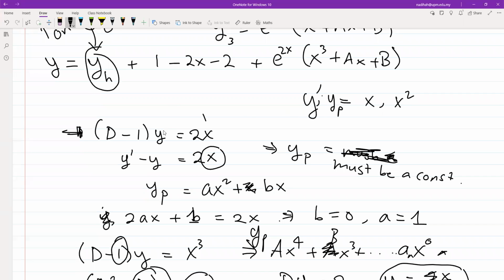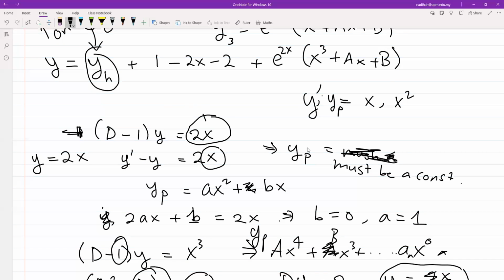Okey. So tengok kat sini. YP sama dengan, sebab awak tengok the right hand side kat sini. So maksudnya apa? Y sama dengan 2x. Sekejap, saya dah padam rasanya ni.